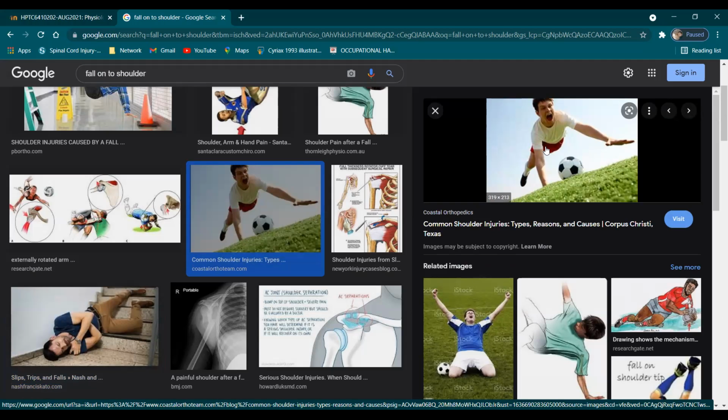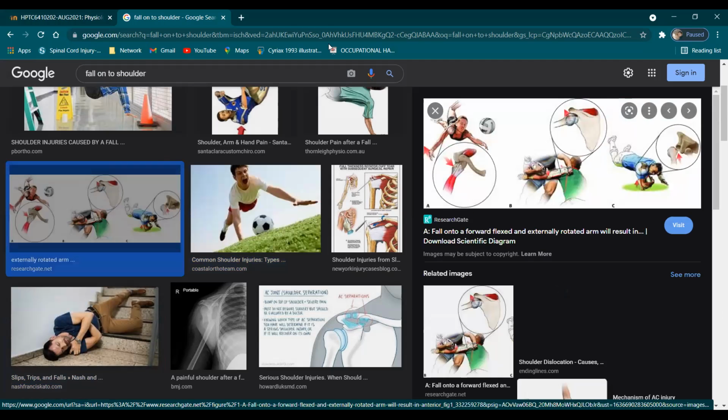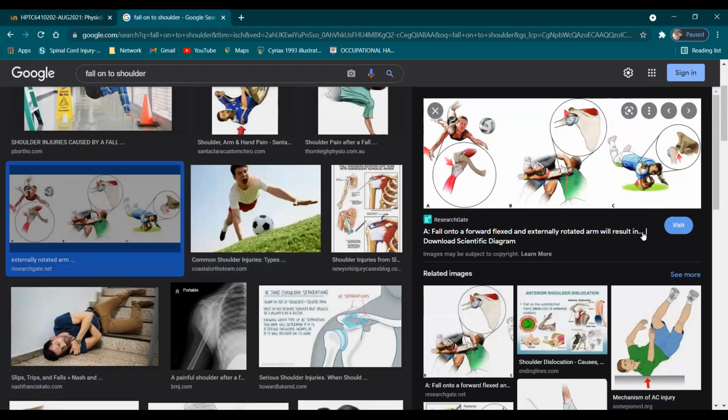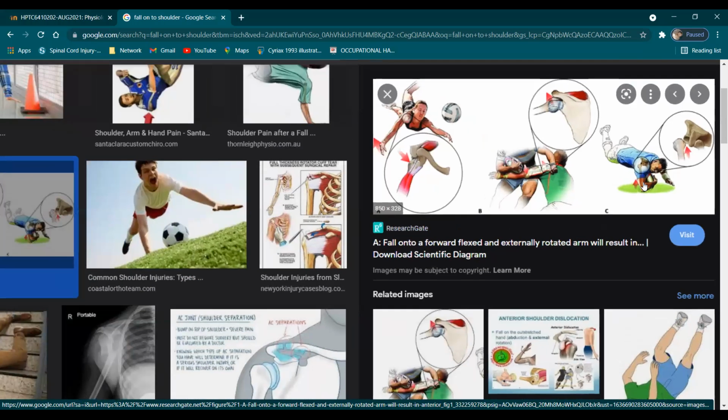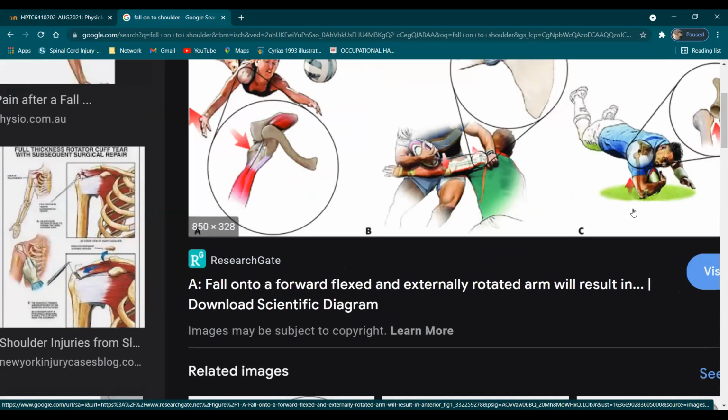And one more is fall on the flexed elbow. Sometimes it happens like this. This is also another mechanism of injury that commonly causes fracture. So either fall on the outstretched hand, or fall on the flexed elbow, or fall onto the shoulder.